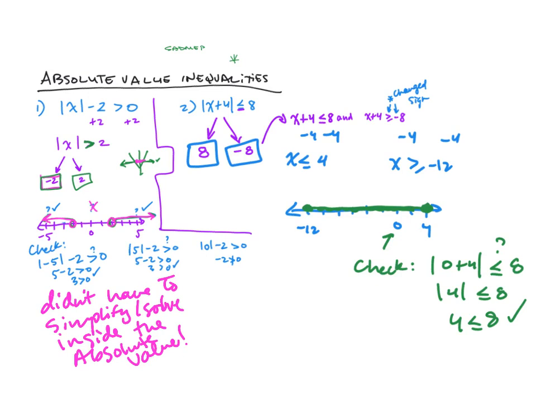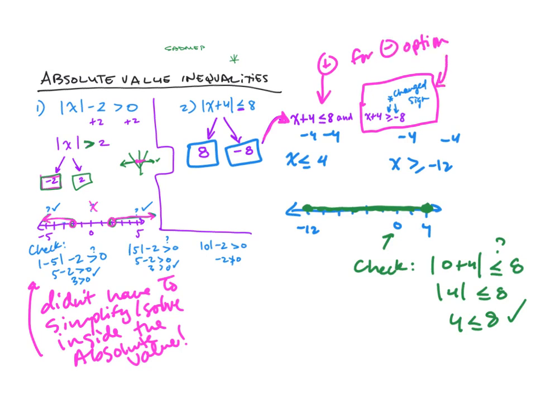Here I did have to do that. And so you have to take this extra step. And this is happening for a reason. So you're going to consider the positive. And then for the negative option, you're going to change the sign. And then you're going to get a compound looking thing.